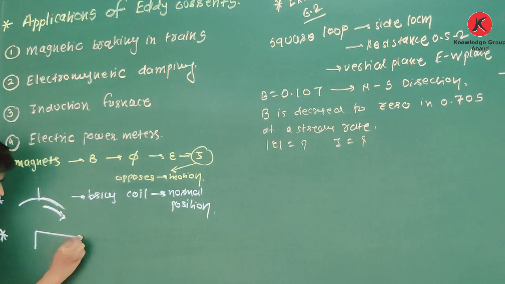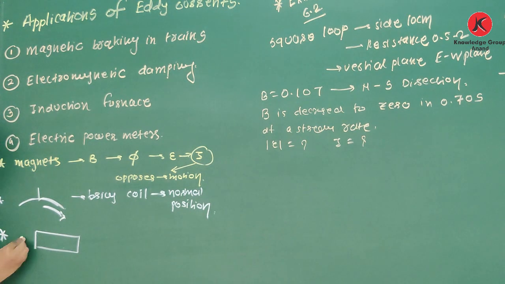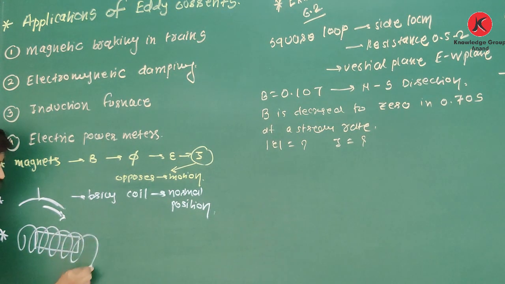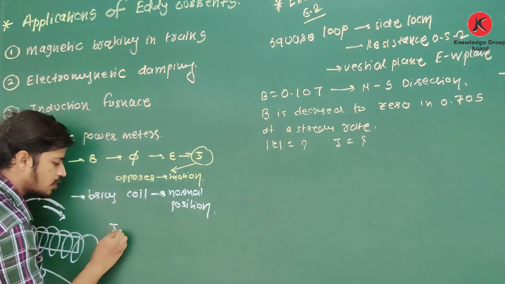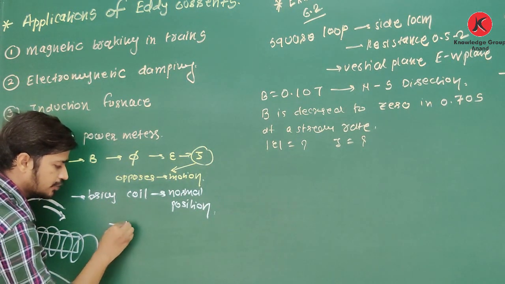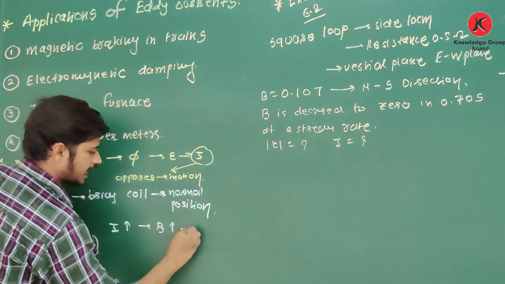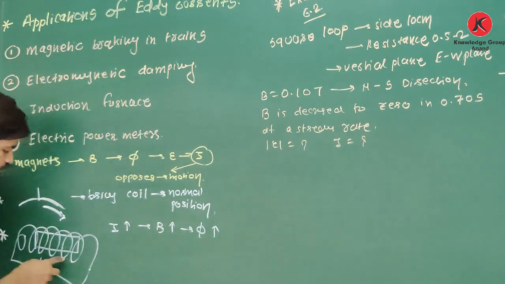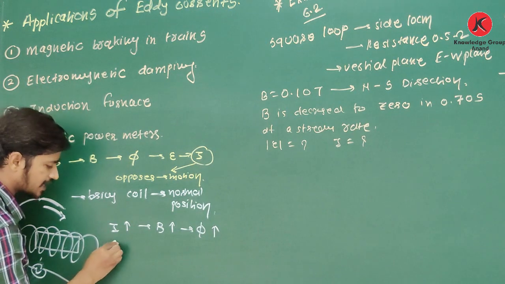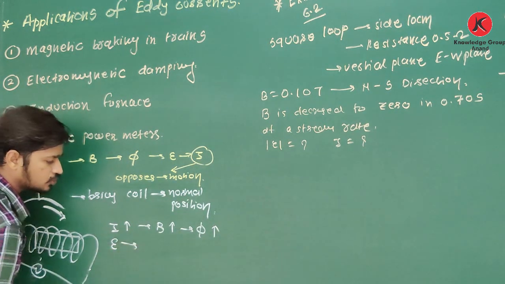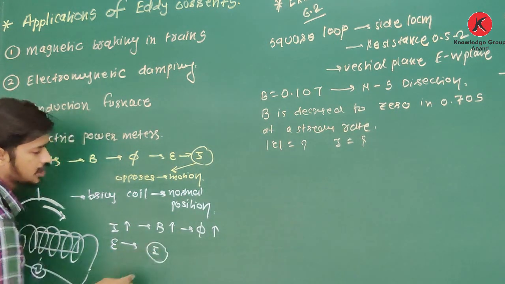If it is a metal piece, wire is wound, alternating current is passed through this. Why alternating current? Because alternating current means value of I changes. Due to that, magnetic field changes. Due to that, flux changes with this metal. Due to that, EMF is induced, and due to that, eddy currents are produced.